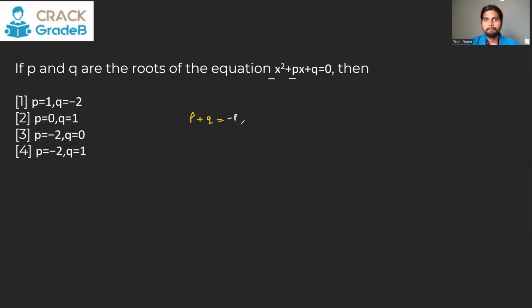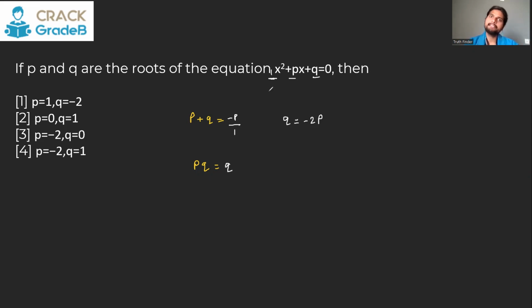So minus p upon 1 is the sum of roots. So if you rearrange it, it becomes q is equal to minus 2p. And the product of the roots, that is p into q, will be equal to c upon a. A means 1. So that makes it q.